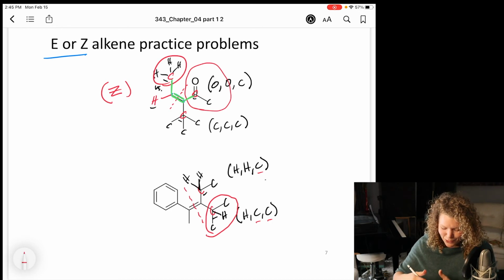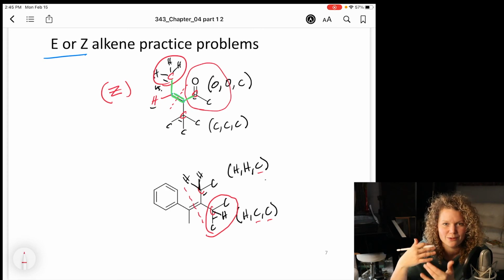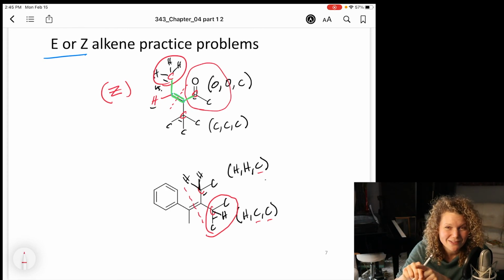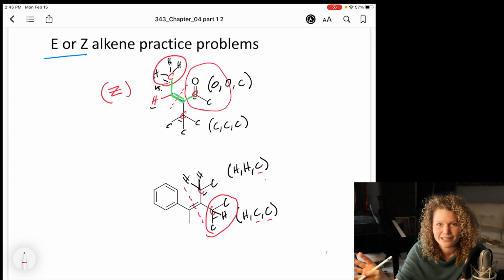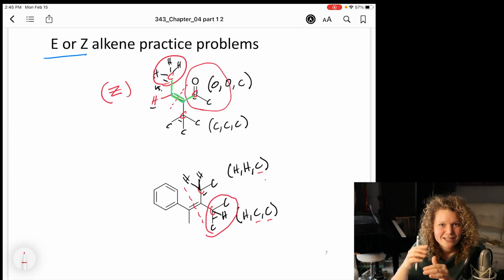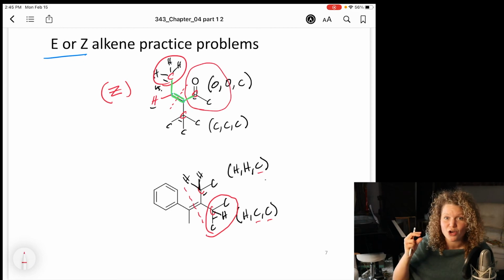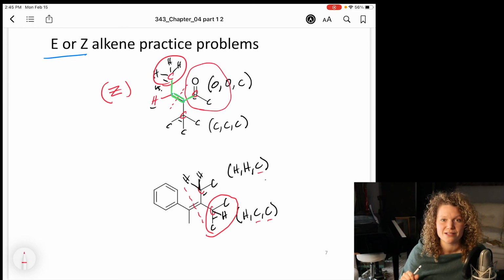Now notice you could memorize that tert-butyl is a higher priority than an ethyl group, but that means you'd have to memorize all of the relationships, okay? You'd have to then memorize that tert-butyl is also higher than isopropyl, and it would just become too involved. So what I like to do is teach you the method, and you're going to develop an intuition as you keep practicing. I don't expect you to be able to look at something and know right off the top of your head that that's an E or a Z alkene.